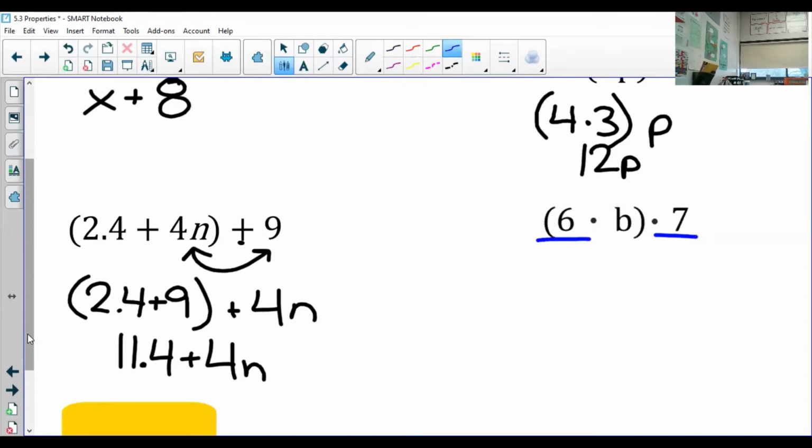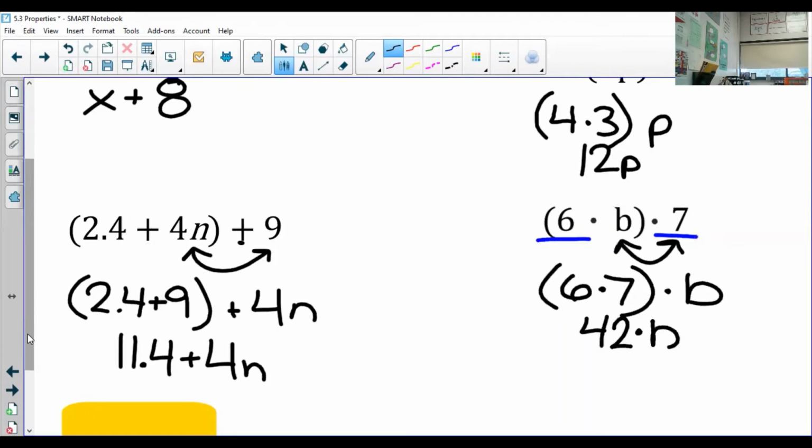And the b cannot because it has a variable. So what has to be switched is the 7 and the b, so the 6 and 7 can go together. And then we'll just put the b on the outside. 6 times 7 is 42, 42 times b. And that is as small as I can get that.